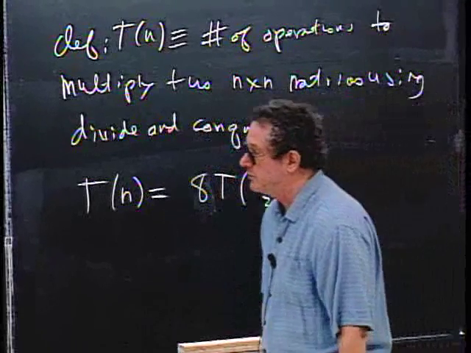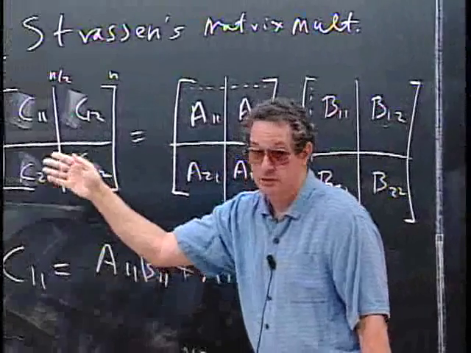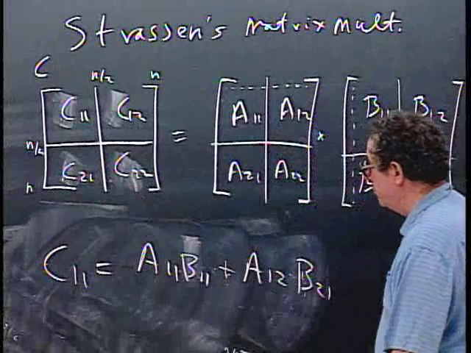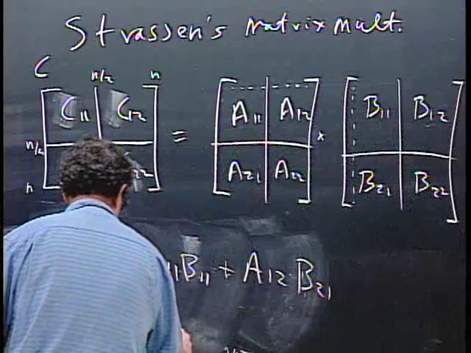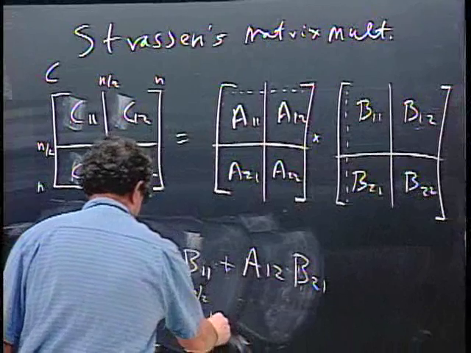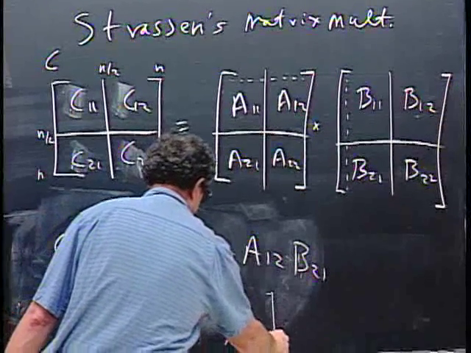Now, for each one of the 4 resulting submatrices, we have to add 2 matrices together, which are of dimension n over 2 by n over 2.